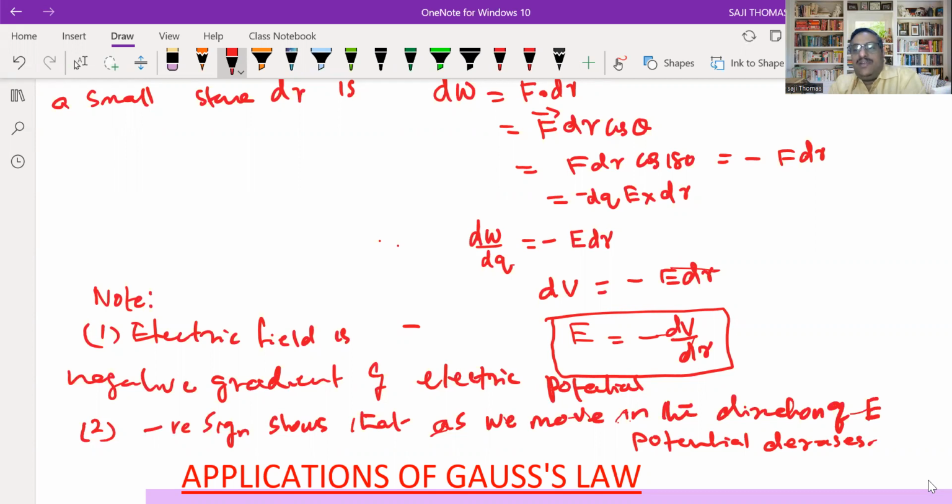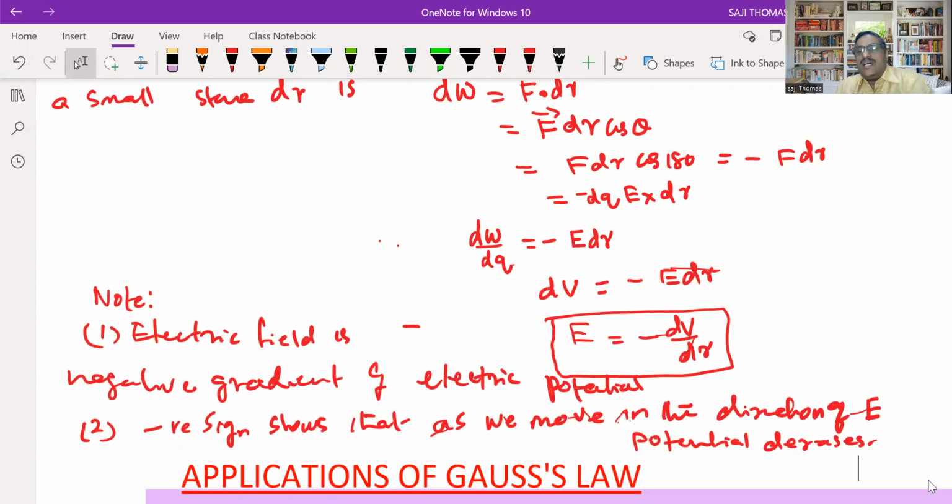And we got the equation electric potential is W by Q, work done divided by the charge. And we learned potential difference. What is potential difference between 2 points? It is the amount of work done to move a unit positive charge between 2 points without acceleration.